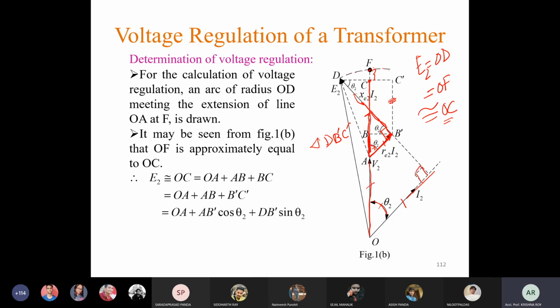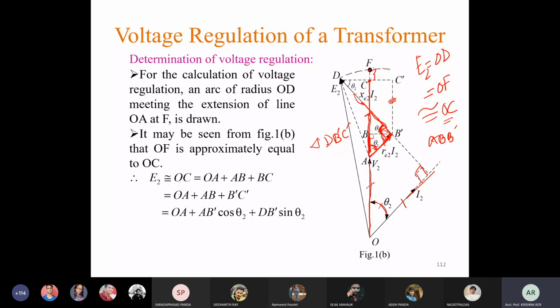Now consider this triangle ABB dashed, that is also a right angle triangle whose this angle is 90 degrees. So if this angle is theta 2, this angle is 90 minus theta 2, so obviously this angle will be theta 2.